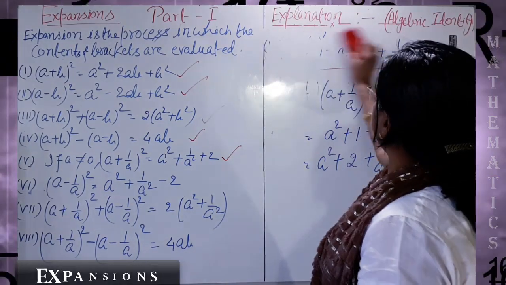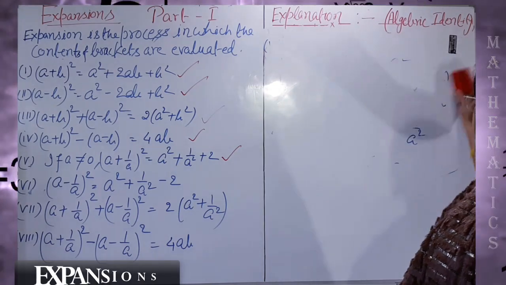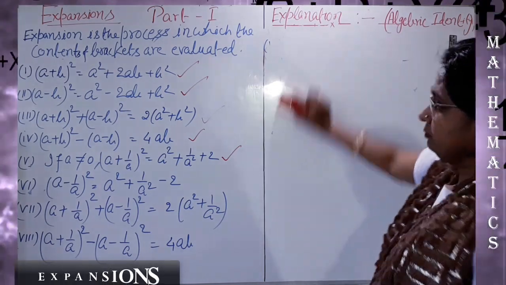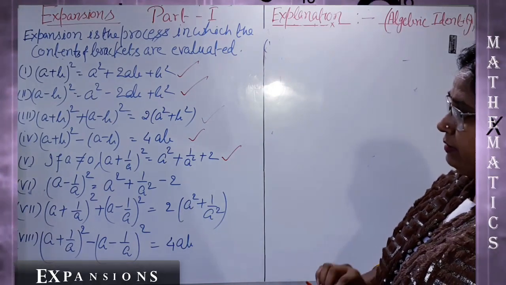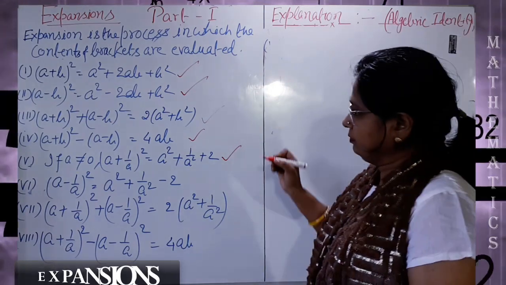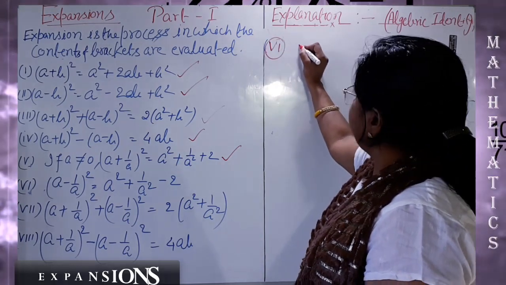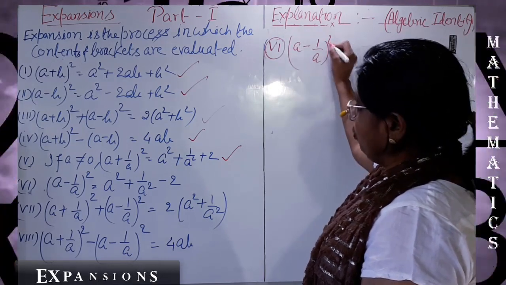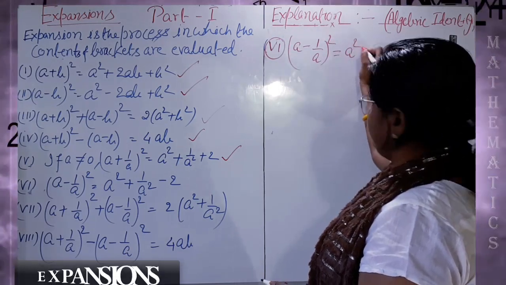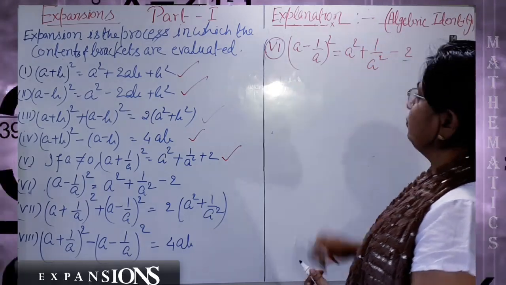Now sixth number identity. Sixth number: a minus 1 by a whole square is equal to a square plus 1 by a square minus 2.